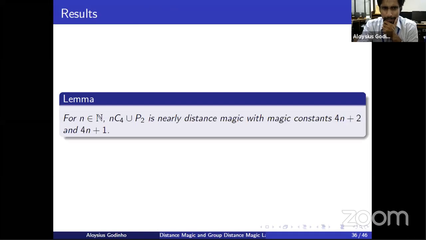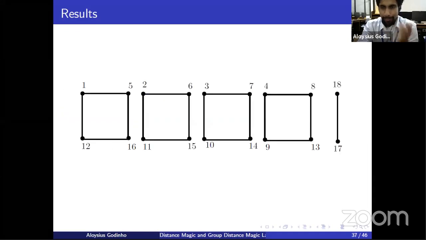We also proved that the graph n copies of C4 union P2 is near distance magic with the magic constants 4n plus 2 and 4n plus 1. We've also shown, for example, this is the labeling of the graph. So we have 4 copies of C4 and 1 copy of P2.